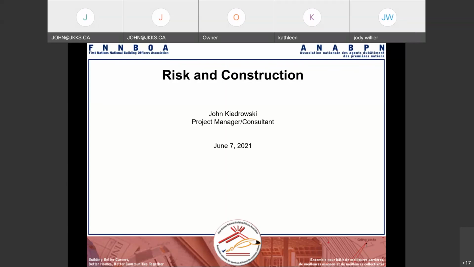John, I was also going to talk a tiny bit about it in the upcoming webinar next Monday on estimations and costing. Certainly, there is a fair amount of overlap when you think of risk and construction in general, in that it touches a number of different areas.